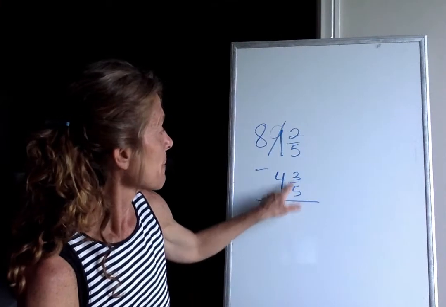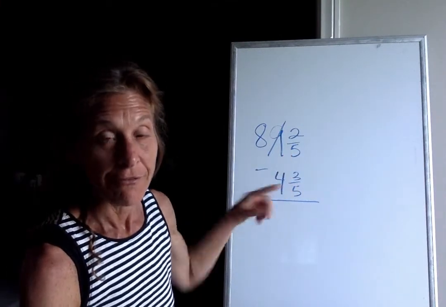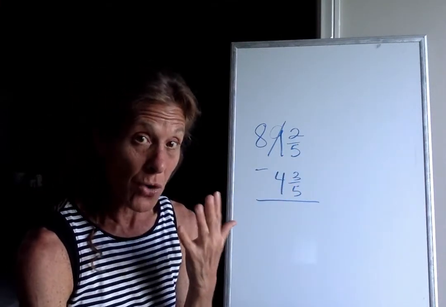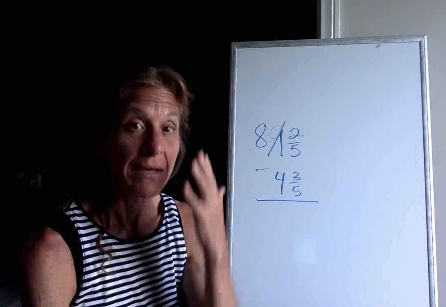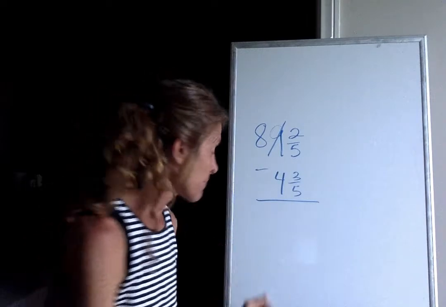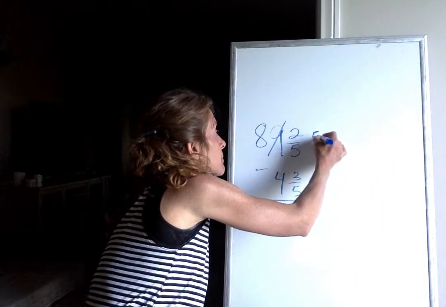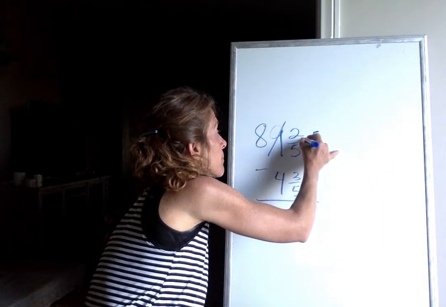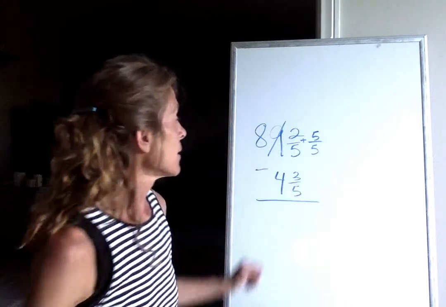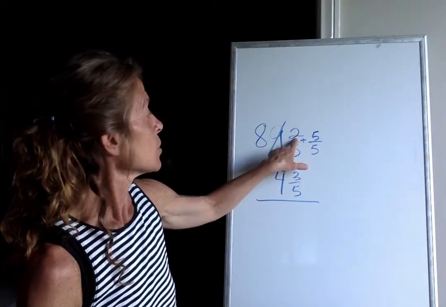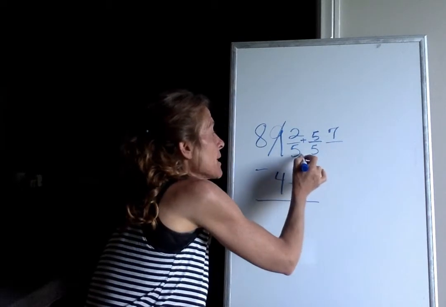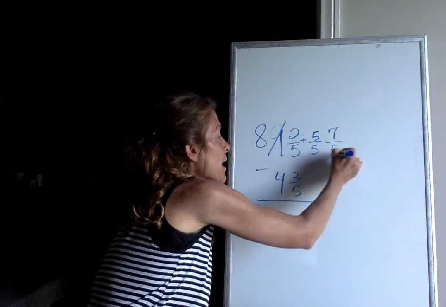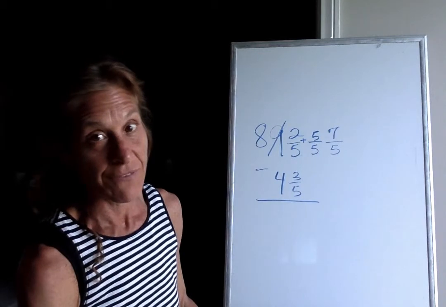Now, what's my denominator? 5. So when I borrowed, what did I actually borrow? 5/5. Okay, so now 2 plus 5 is 7. Common denominator, slide that on over, is 7/5.